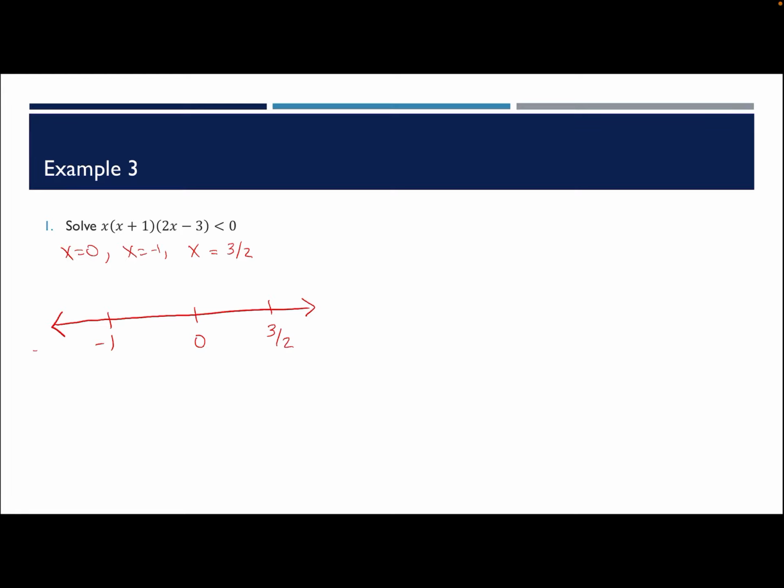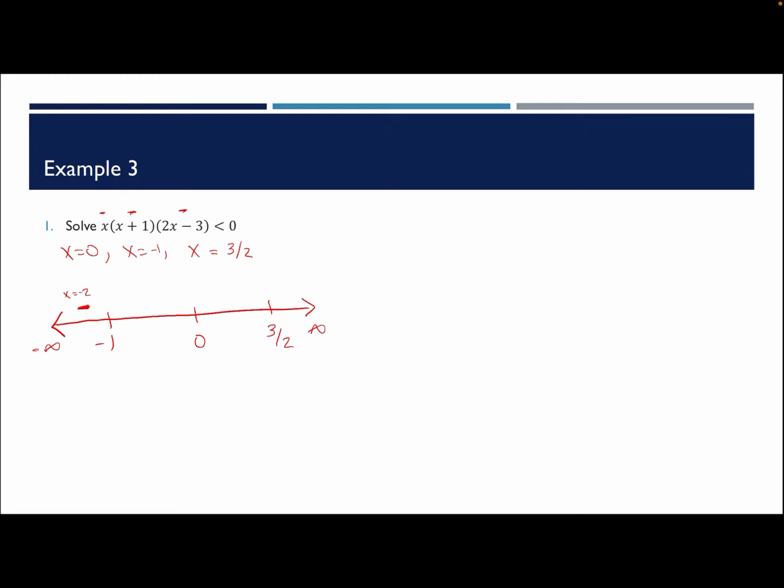So it's easier to just multiply the signs together and see what results. So a number between -infinity and -1, I would choose x equals -2. So if x is -2, you would have a negative value multiplied by another negative value multiplied by another negative value. So 3 negatives are going to make a negative.